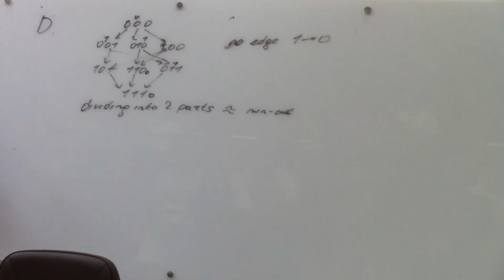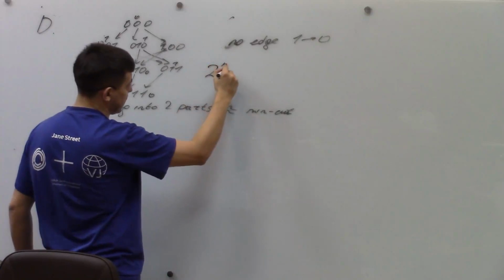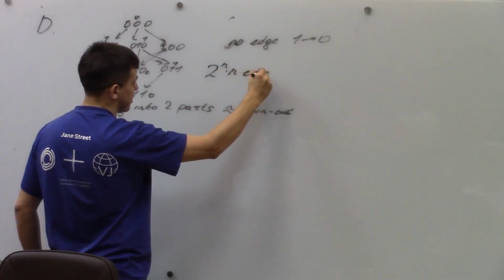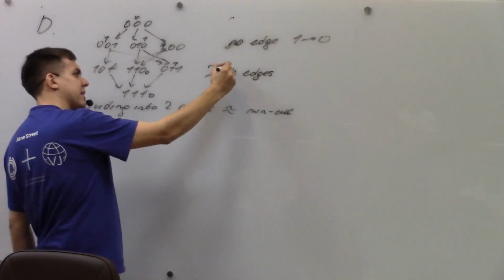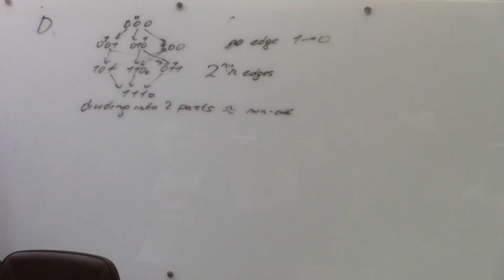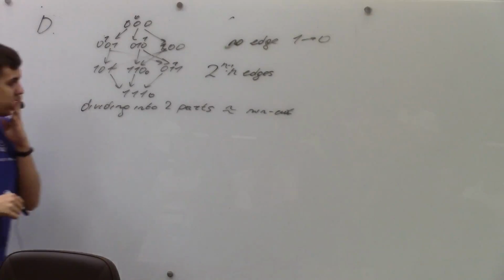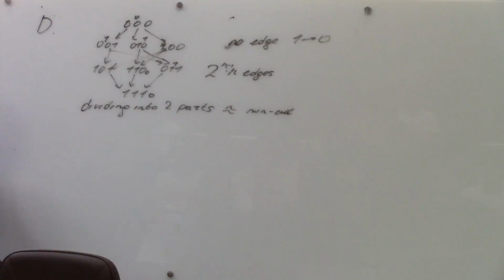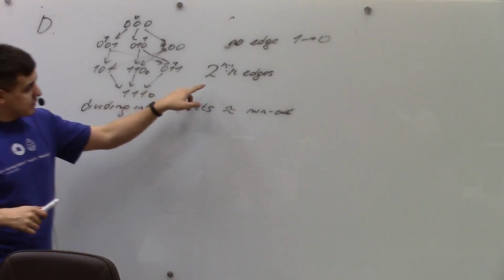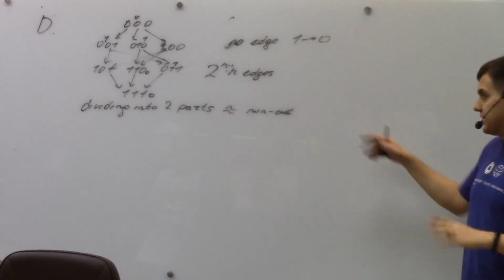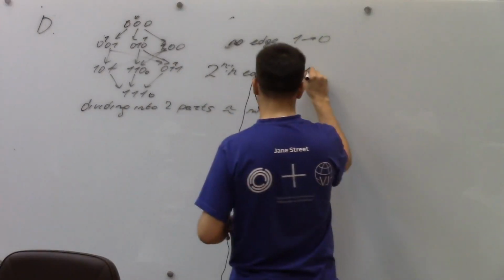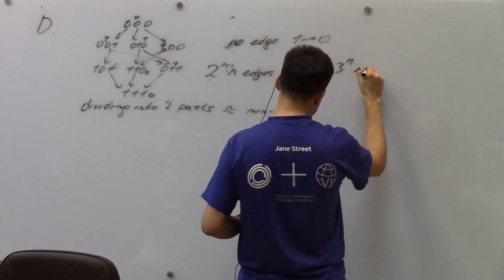Okay, so I drew this graph here. How many edges does this graph have? Well, this graph has at most 2 to the power of n times n edges. To be precise, I think it has 2 to the power of n minus 1 times n edges. By the way, this is an improvement, so it's not 3 to the power of n edges.